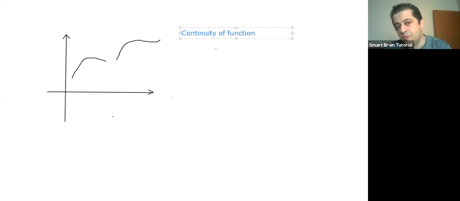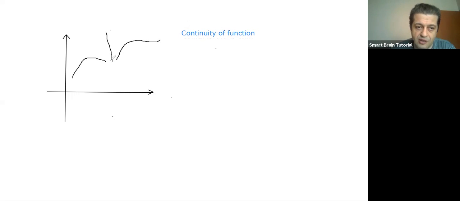Why is it so important? In this function here, we have a breaking point. The function has no value in that position.